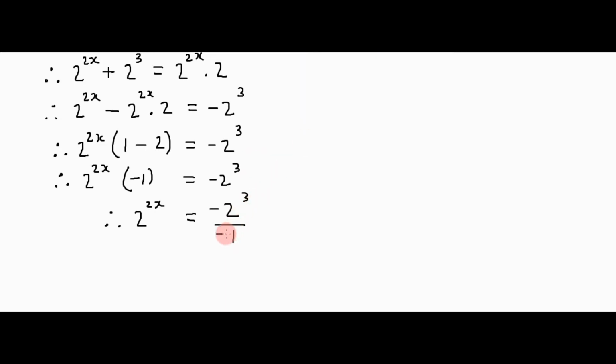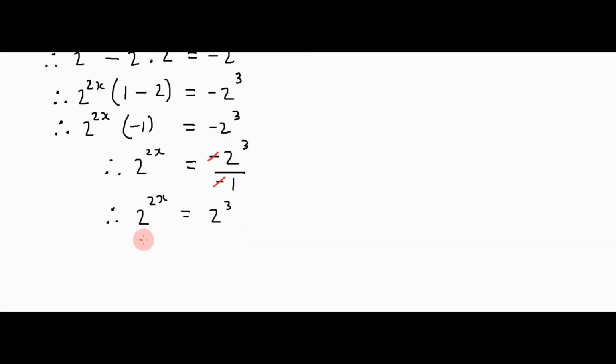The negatives cancel on the right-hand side. So we're left with 2 to the 2x equals 2 cubed. And the bases are the same now, so we can drop them. The powers must be the same. So 2x must equal 3. And in solving for x, we see that it's 3 over 2.